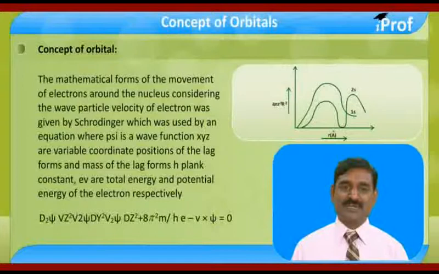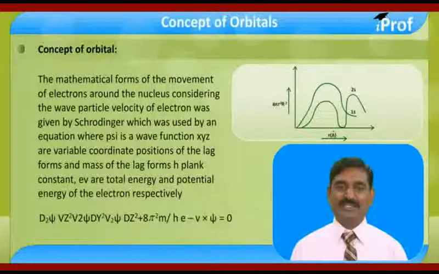It is given by the equation where psi is a wave function, x, y, z are the variable coordinate positions of the electron, m is the mass of the electron, h is the Planck constant, E and V are the total energy and potential energy of the electron respectively: d2 psi dx square plus d2 psi dy square plus d2 psi dz square plus 8 pi square m upon h square into (E minus V) into psi is equal to 0.